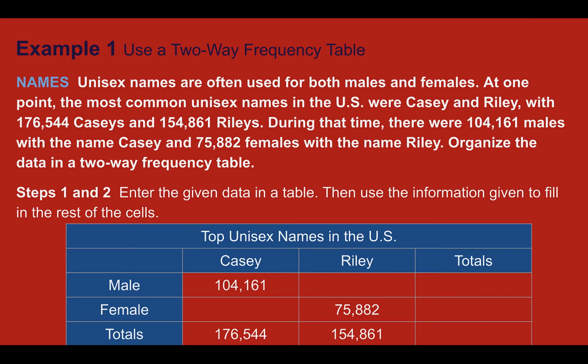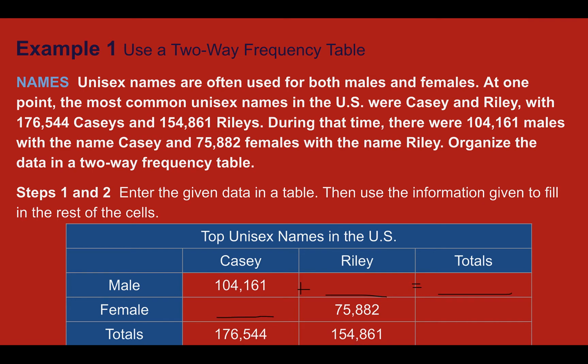Steps 1 and 2. Enter the given data in a table, then use the information given to fill in the rest of the cells. For a two-way table, to fill in information, numbers add together to get the total. What I mean by that is this number plus this number is going to equal this number.